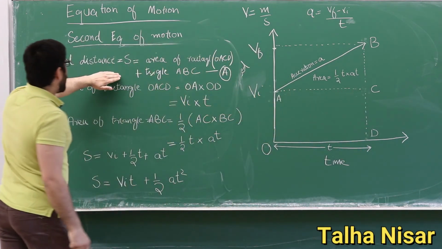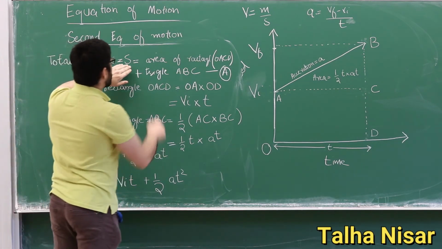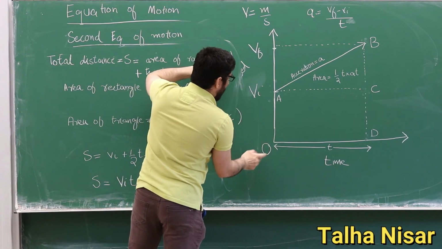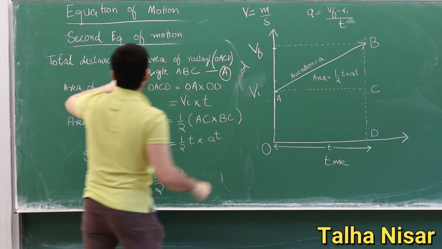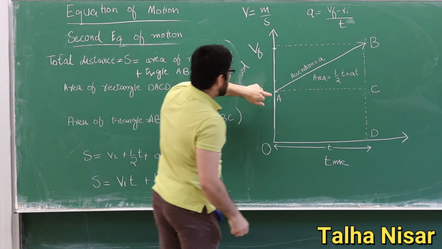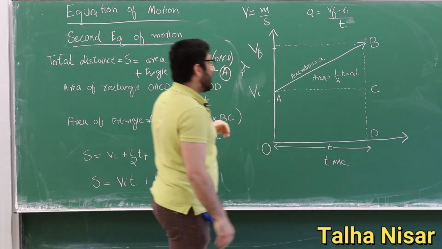So the total distance is the area of the rectangle OACD plus the area of the triangle ABC.